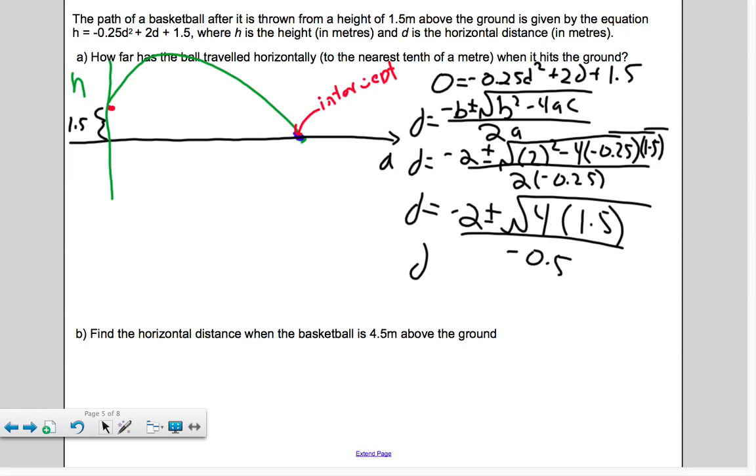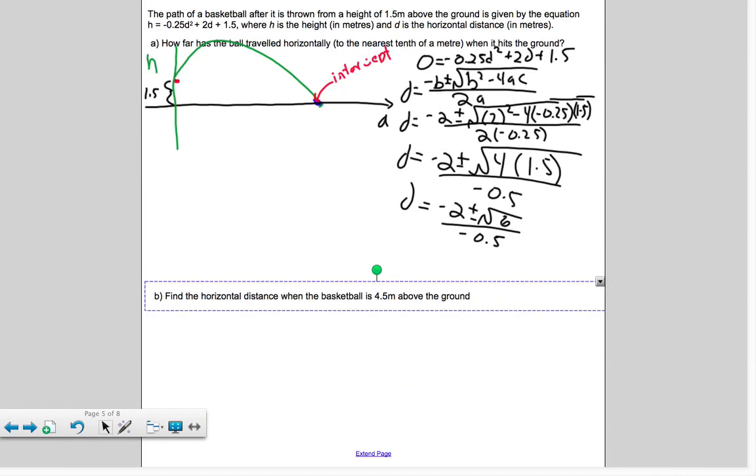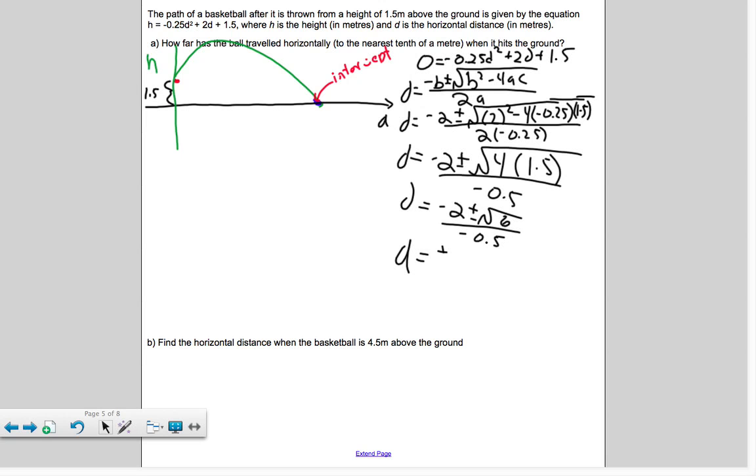So d is equal to minus 2 plus or minus. So 4 times 1.5 is 6. So I want the square root of 6 all over negative 0.5. I don't understand what you did though.